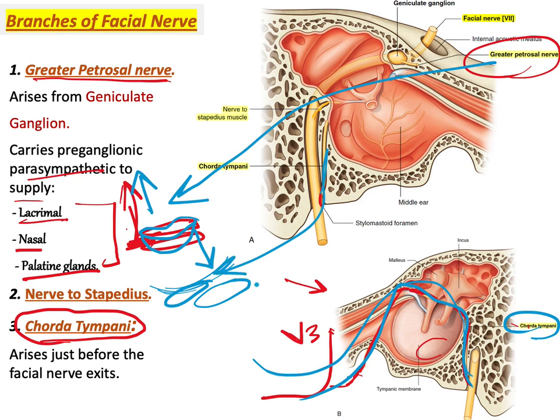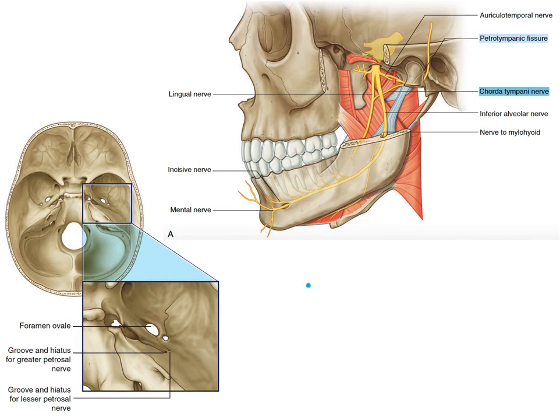right? Once the chorda tympani leaves, as you see here, through the petrotympanic fissure, this is the tympanic plate and this is the petrous part, so the petrotympanic fissure, then it passes laterally and joins the lingual nerve, which is a branch of V3, the mandibular branch of the trigeminal nerve.